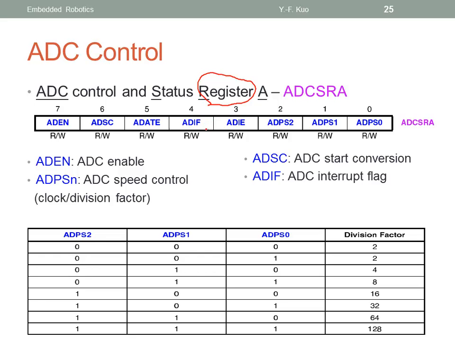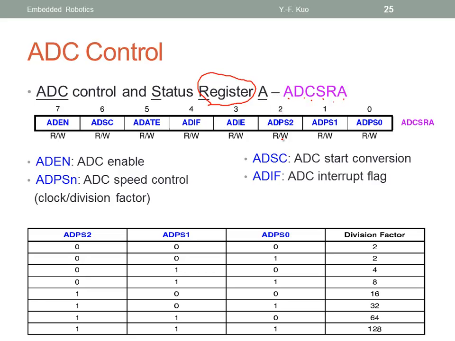The register to control the ADC function is called the ADC control and status register A. There are more registers, but this is the most important one, and we are going to talk about this one for now. So ADCSRA. It's not hard to remember.